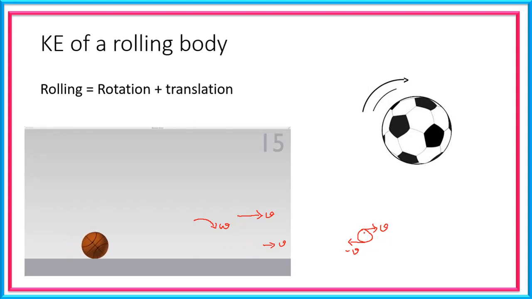Therefore, this has a couple and it rotates with an angular velocity omega, and this angular velocity and v are related by the equation v is equal to r omega, where r is the radius. Therefore, kinetic energy of a rolling body can be the kinetic energy of its rotation plus kinetic energy of its translation. Let's find how it will be.